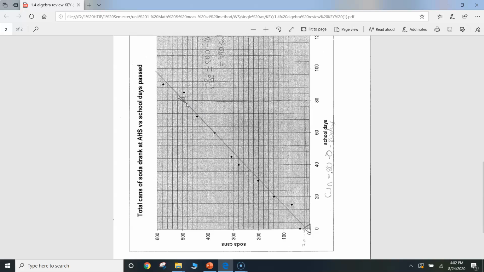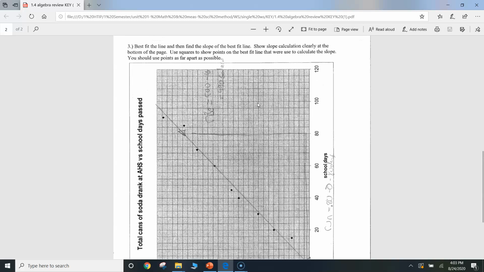And to figure out the rise, that is 5, it looks like it's right on the 500. And then I'm going to subtract off where it looks like it meets at about 10. So 500 minus 10 is my rise, which is 490 soda cans.